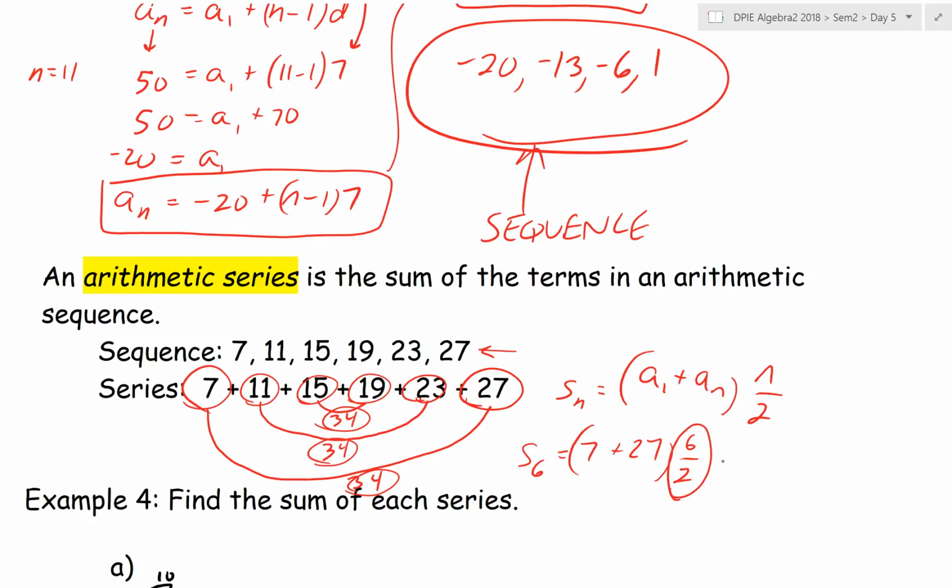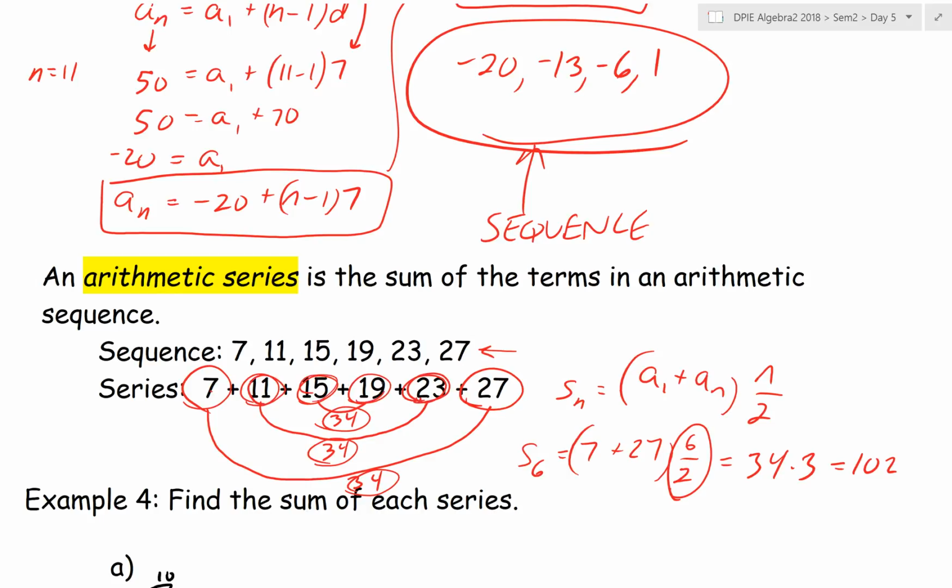So 6 over 2 gives us 3. So that's 34 times 3 is 102. And so if you added those up individually or with a calculator, you would get the same answer of 102. But I just wanted you to recognize the pattern that the first term and the last term are always going to give you the same sum as if you did the second term and the second to the last term.